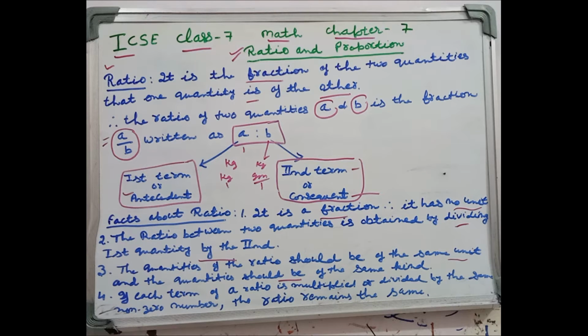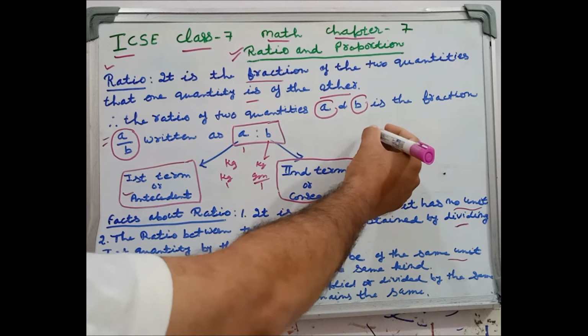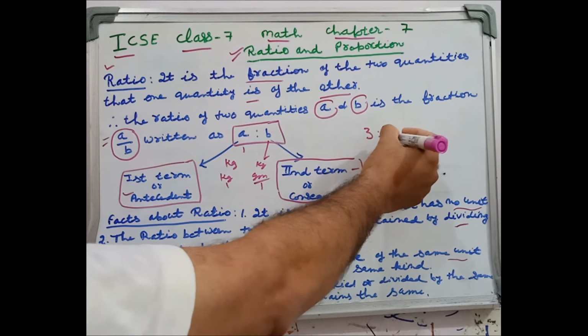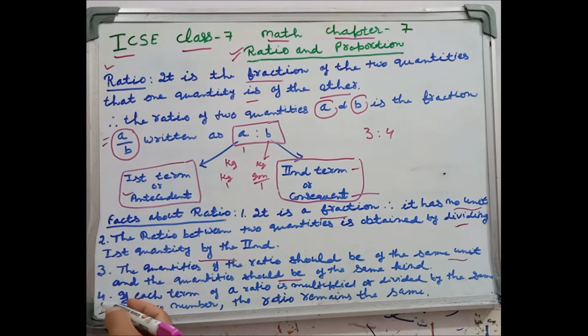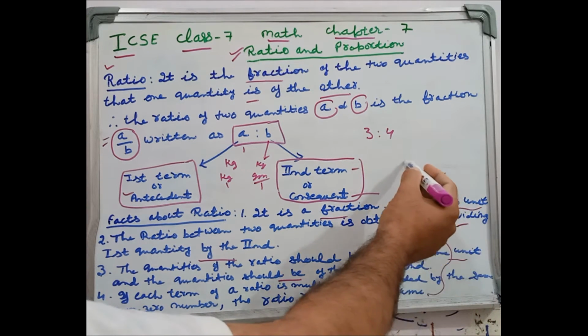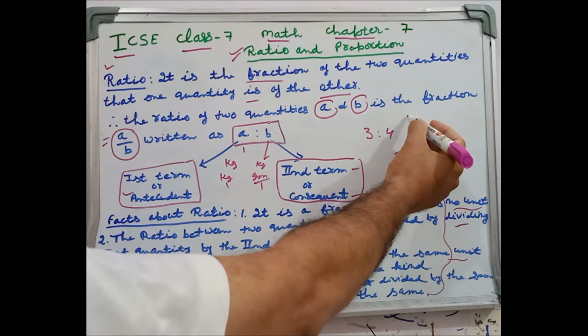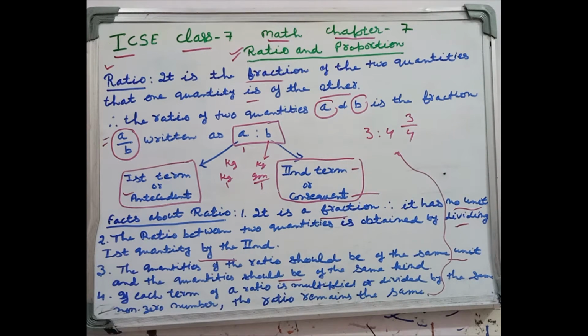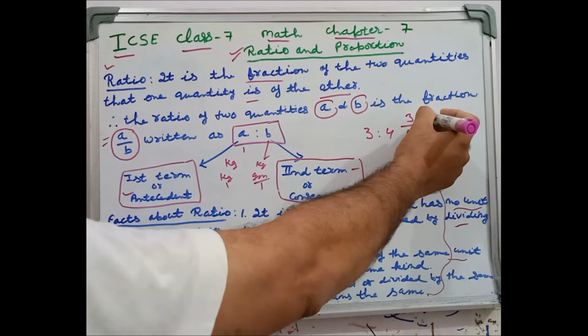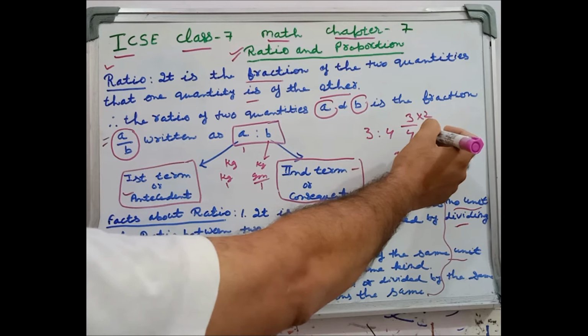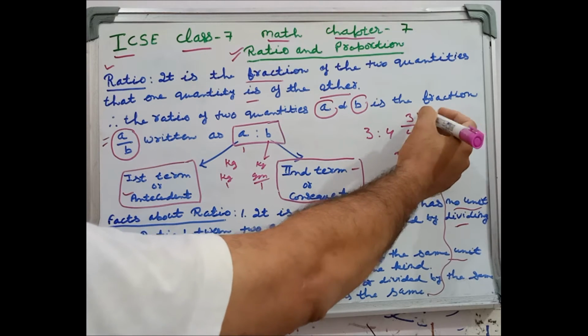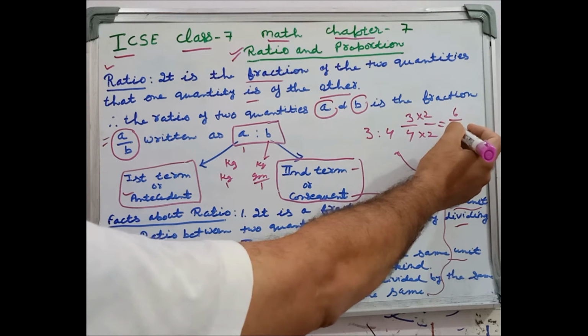If we multiply or divide each term of a ratio, suppose we have the ratio 3:4, I'm telling about this point here. We write it as a fraction. If we divide each term of it, that is antecedent and consequent, by 2, the result will be 3 to the 6, 4 to the 8.